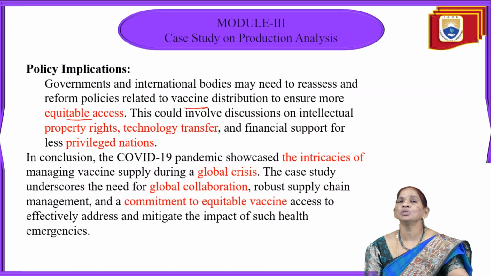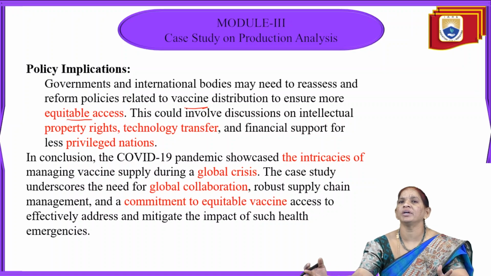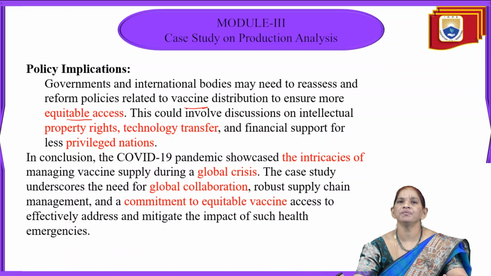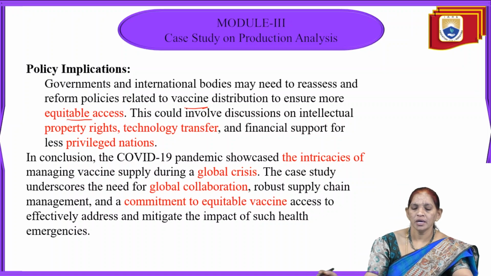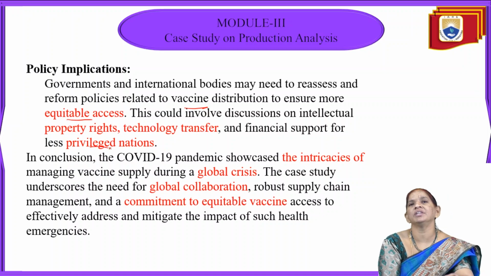Relating to these pharmaceutical items, intellectual property rights and the regulatory framework should be made broader, and how technology transfer and financial support are provided has to be prioritized by the different nations.